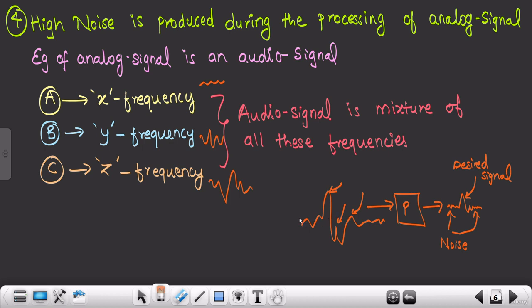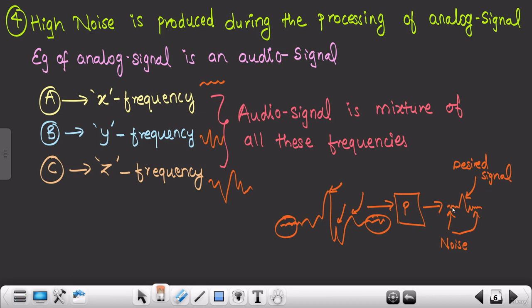And with this there would be some surrounding noise. Maybe we are carrying our orchestra, or our music, in some traffic area, so this is that vehicle's noise. When we feed this signal to the processor, the processor will try to eliminate this noise, but it will not eliminate it completely.